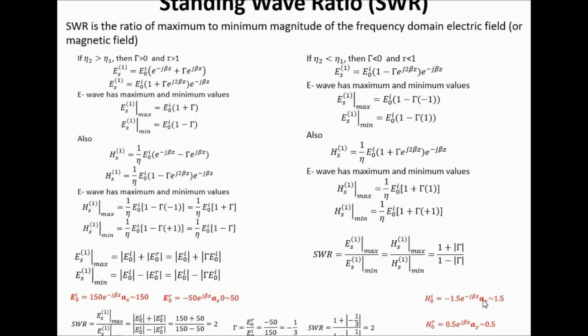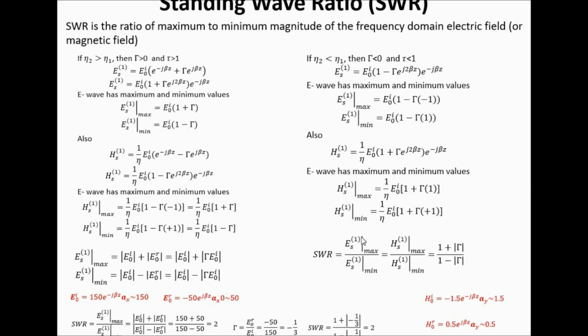To find the standing wave ratio, you have to write 1.5 plus 0.5, then 1.5 minus 0.5. So we don't see the sign here, just the number, and then sum them. The numerator will be the sum of these, and the denominator will be the difference between these.